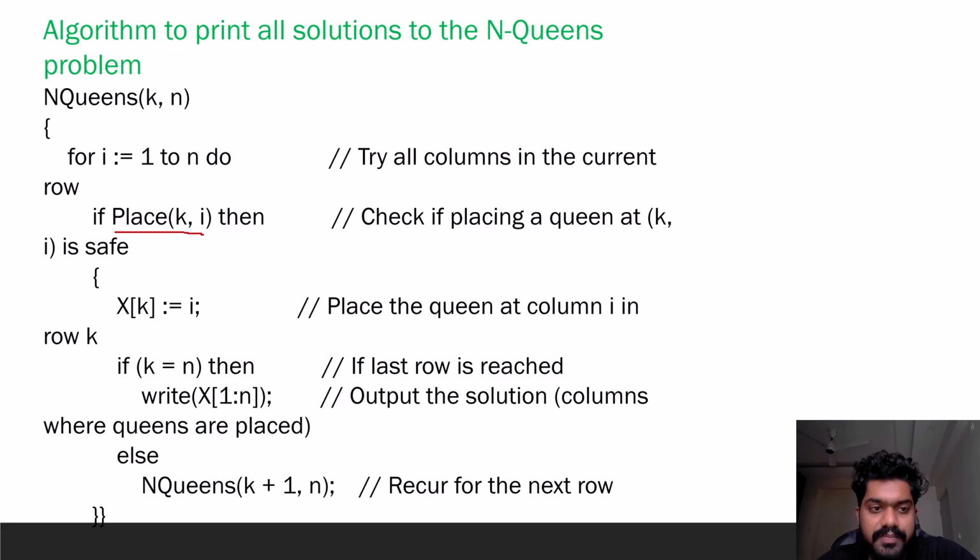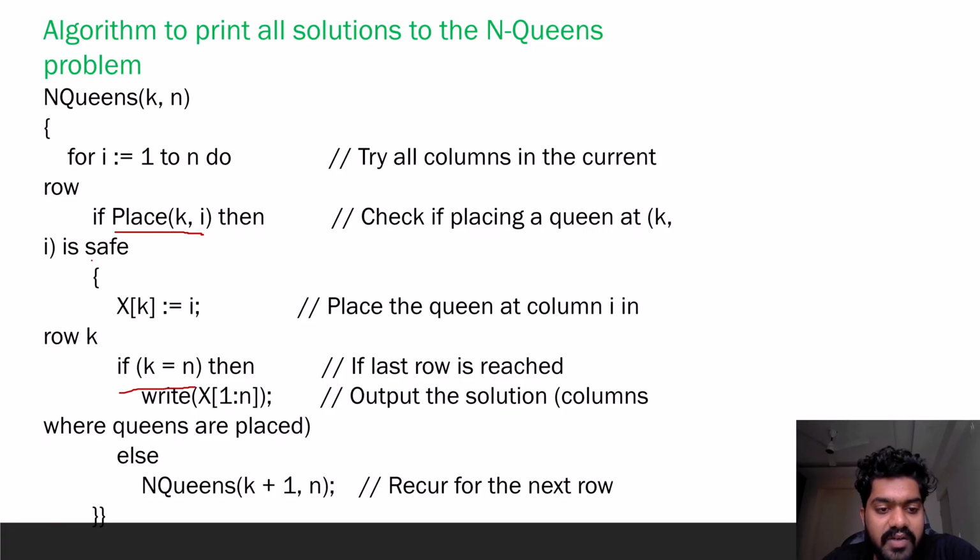For the first row, first column, we have put a queen, and we'll increase the i value, and after doing everything, we'll find many places to fix a queen.